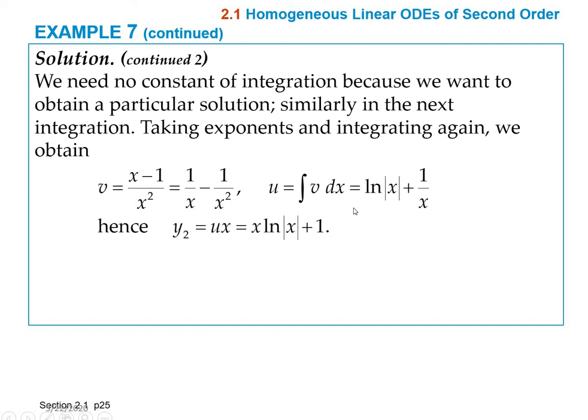Now, what's v? v is equal to u prime. So you have to substitute the u prime and do the integration again, and you'll be able to find y2 is equal to u times y1, which is the same as what we did before. You see, this is a little bit long, but this is step by step.